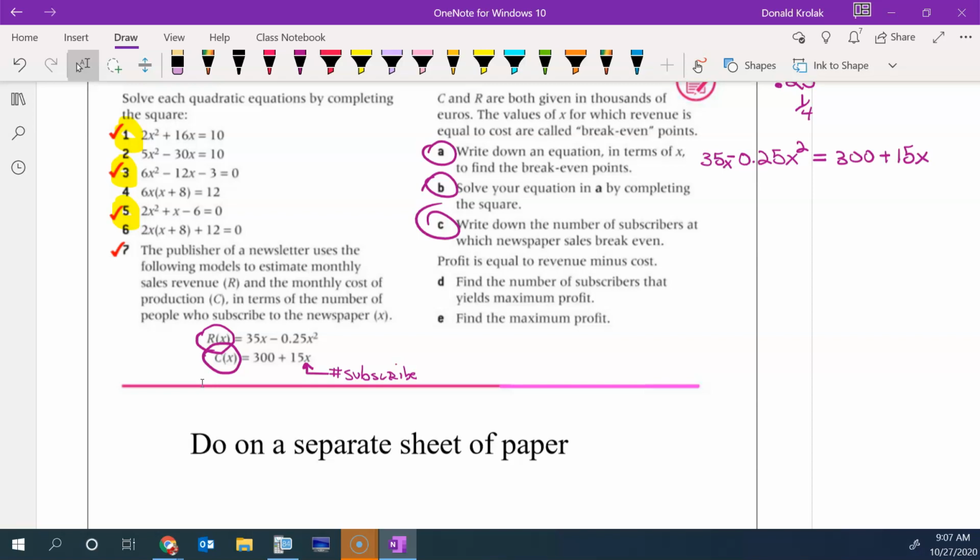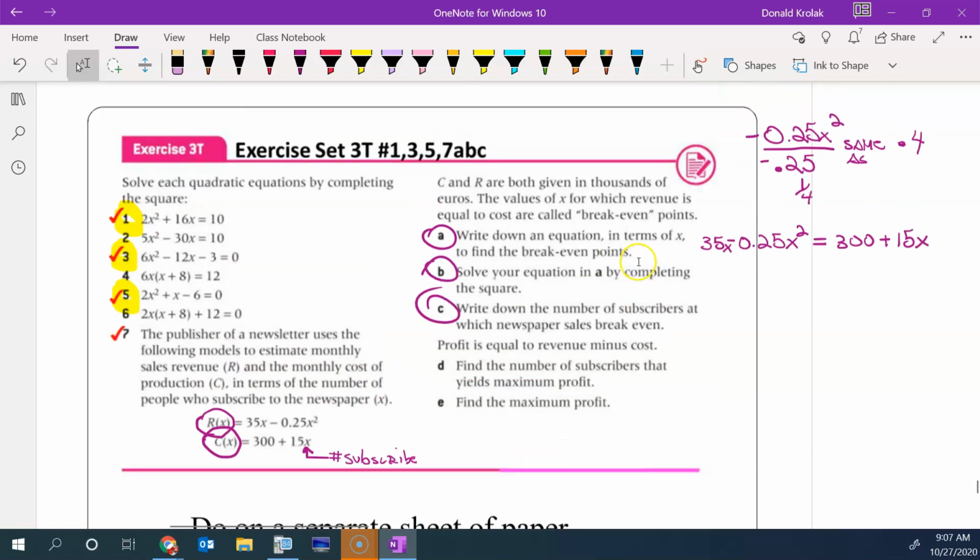Oh, let's see. Break even. 20. What is, no, that can't be right. 30 plus or minus 10 root 3. There's no way that's equal to 20.